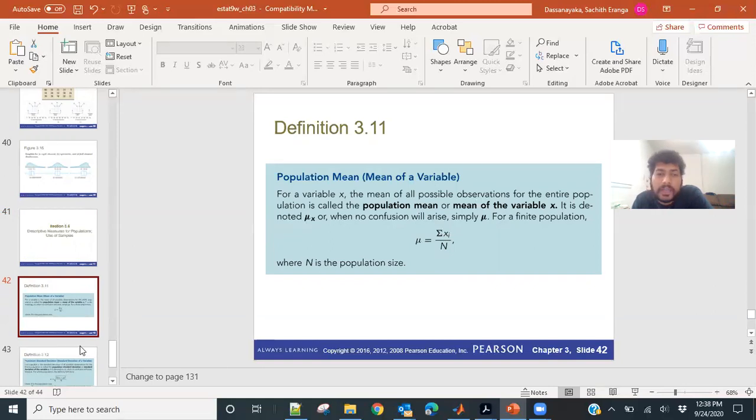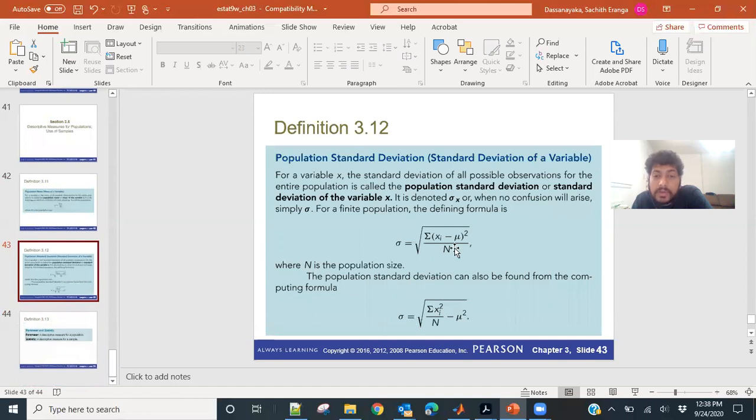You can use one of these formulas to find the population standard deviation. Population standard deviation we denote by simple sigma, not the sigma for the summation, simple sigma.